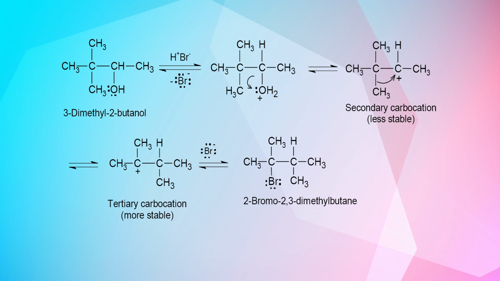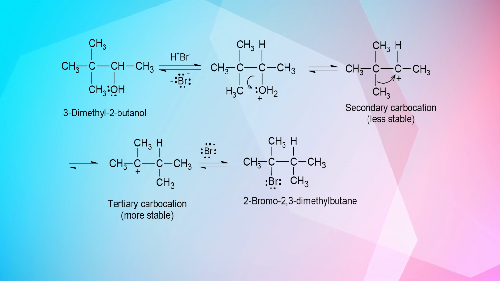If we carry out the reaction of this molecule, 3-methylbutan-2-ol, with HBr, it will undergo protonation at OH, and this OH will now be eliminated as a water molecule, resulting in the formation of a secondary carbocation.